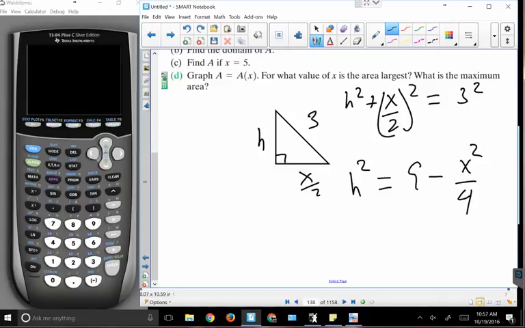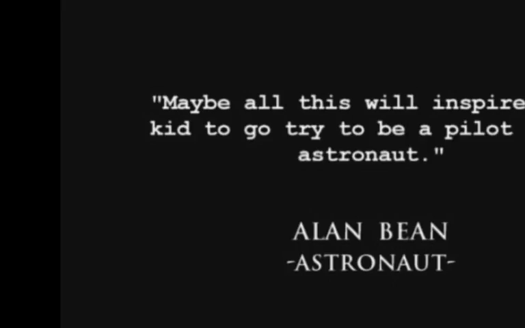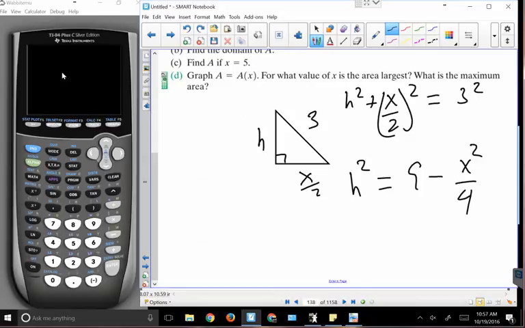Now I'm going to do something to this that you might not think I should do. See this squared bit in here? I've got perfect squares in here. If I could rearrange this so that when I take the square root of it, I can pull that out, that would really be helpful. So I'm going to say that h squared is equal to 36 minus x squared over 4.